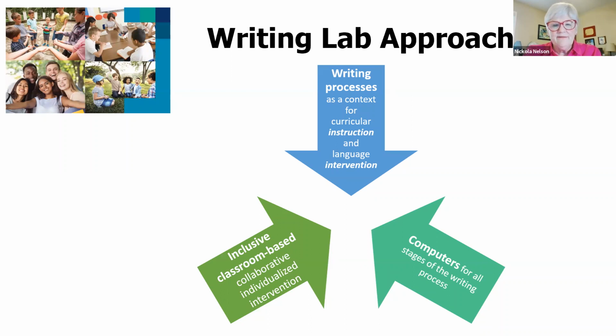that it's collaborative. You work in the classroom with the general ed teacher as a speech language pathologist, although you could also hold after school activities or even use a one-on-one clinical setting to do some of these activities I'm going to be talking about. It's also an opportunity for individualized intervention on the goals that your students already have.